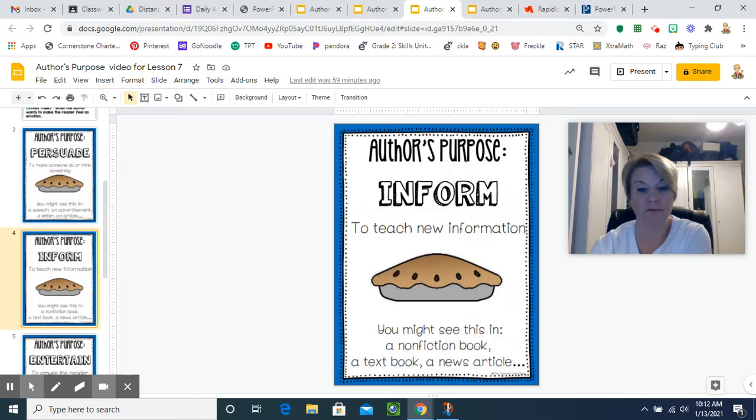So if it's nonfiction, most likely the purpose is going to be inform, even though it's a story, because a lot of you saw that word story and it tricked you and made you think it was to entertain. But since the information was true, that means it's giving you facts. So if it's giving you facts, then they're trying to inform you. So again, those different examples are a nonfiction book, a textbook, or a news article.